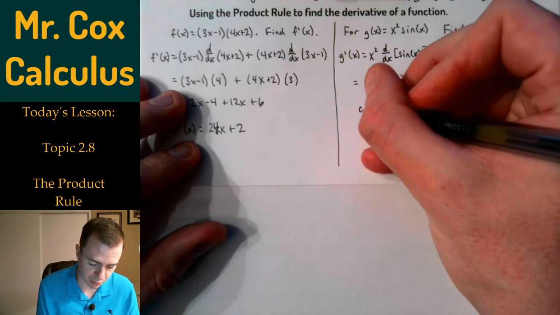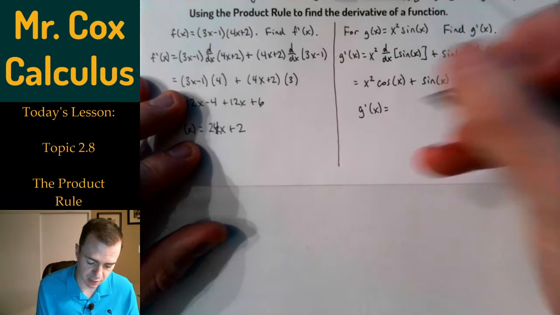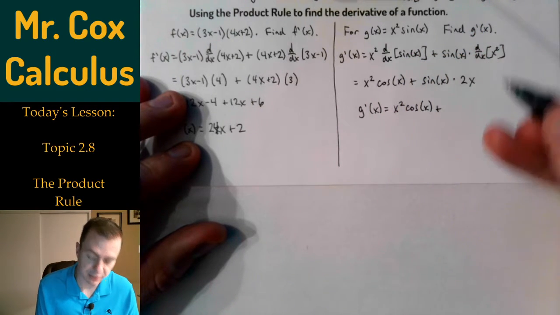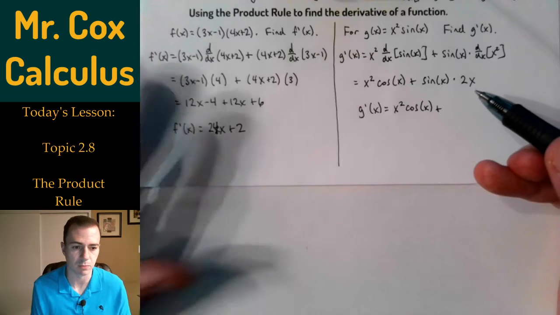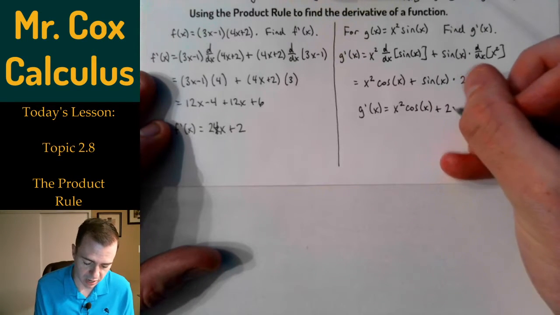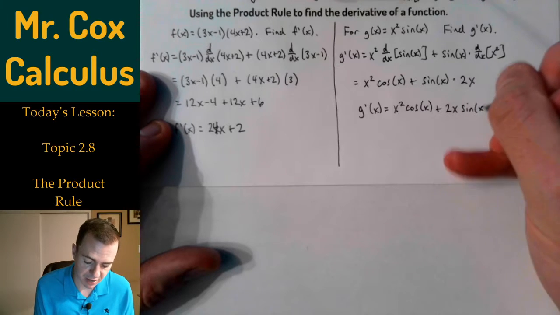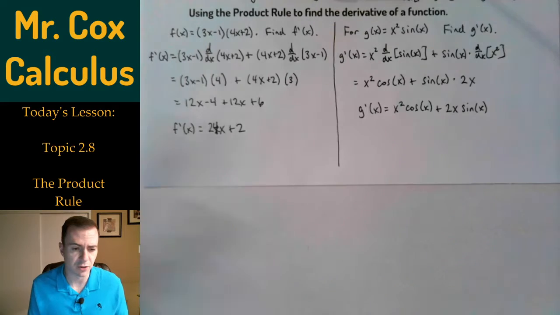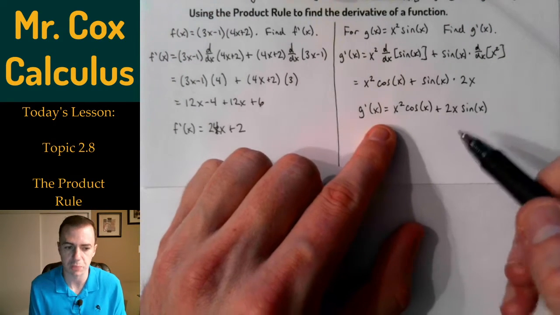I can say that g prime of x is equal to x squared times the cosine of x plus, to write it the way mathematicians normally do, moving the 2x in front, 2x times the sine of x. And there's your derivative g prime of x for g of x.